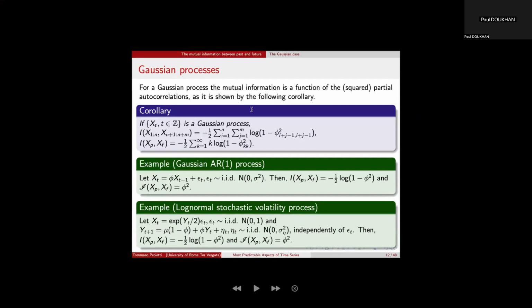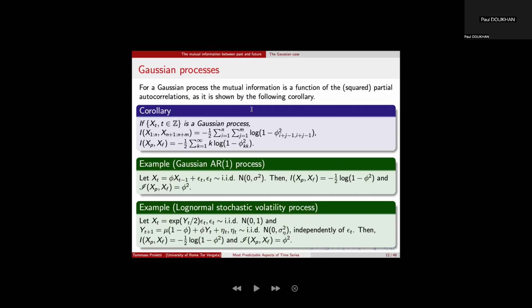Just as an example, for a very simple Gaussian AR(1) process, the mutual information between past and future depends only on the square of the autoregressive coefficient. The partial information index of mutual information is just the square of it.